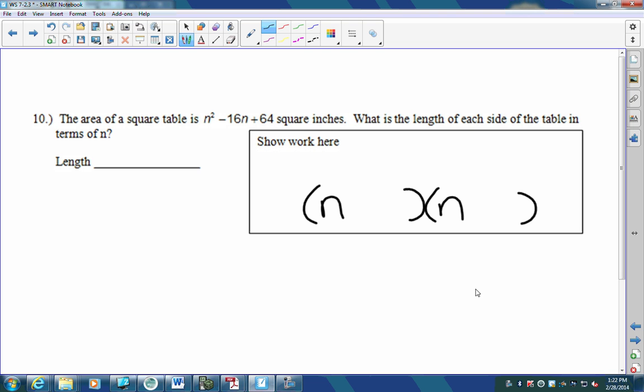Now, didn't we say it had to be exactly the same? Okay, I need the factors of 64 that add up together to give me negative 16. What number multiplies by itself to give you 64? 8, isn't it? 8 and 8. Now, is it a positive or is it a negative? What's my middle term? It's a negative, so it's got to be the negative 8s.